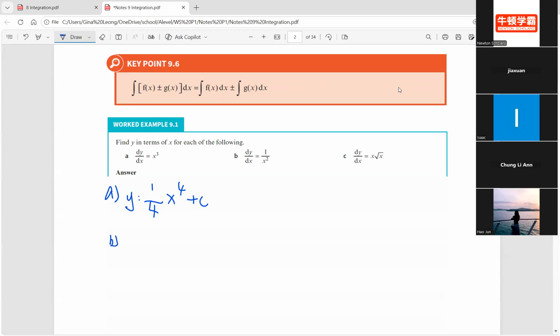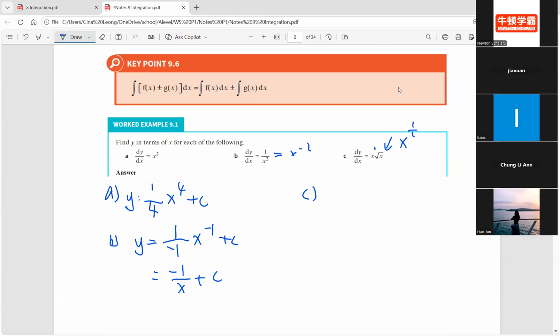Okay, for the b, in the same case, you can change it into x to the minus 2. When you do the integration, 1 over minus 2 plus 1 is actually minus 1, x to the minus 1 plus c. So this one I can change to become 1 over x plus c. Then for the c, I can change it also to become x. This is 1, this is half, so it becomes 3 over 2.